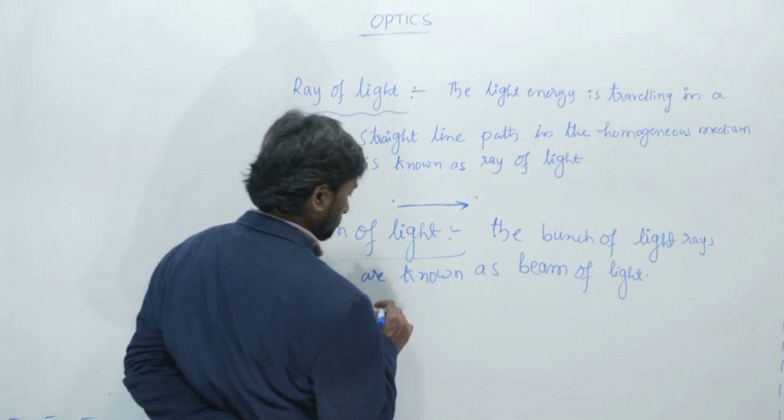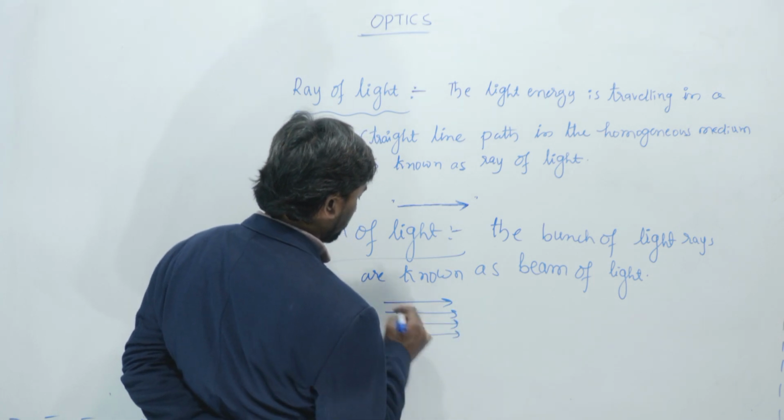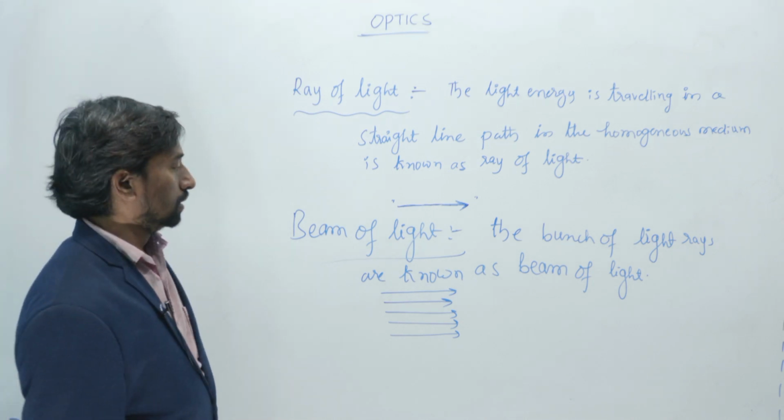See, a bunch of light rays is nothing but this. So the collection of all these light rays is said to be the beam of light.